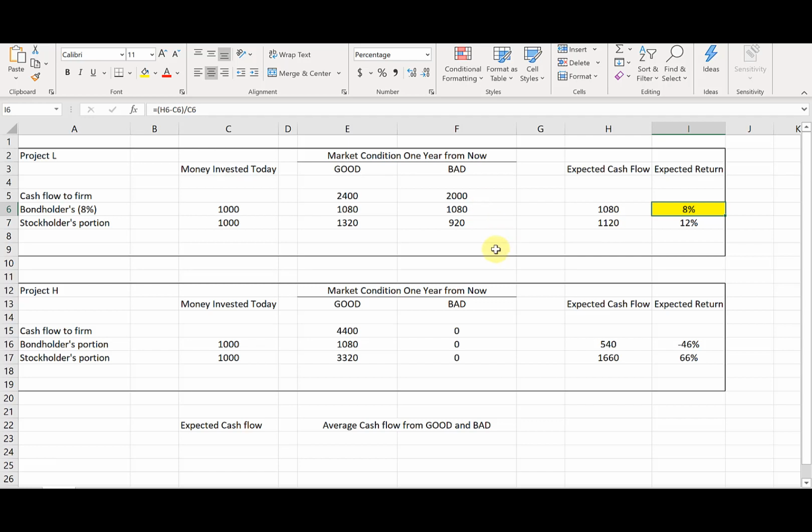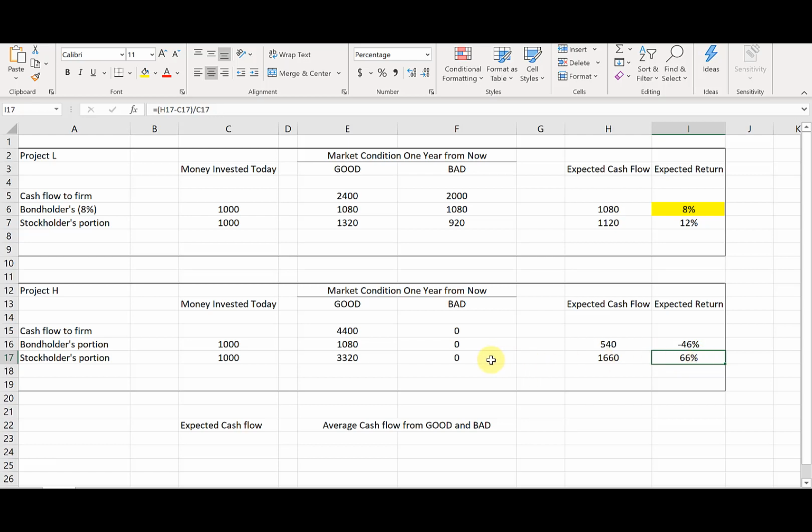But stockholders don't have similar incentives. For stockholders, there is a potential gain for companies to take on higher risk projects. If the company takes on the low risk project, they're looking at a 12% return, whereas the high-risk project would pay them 66% return on average.